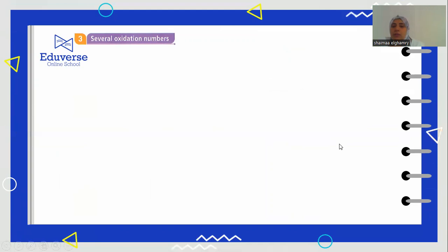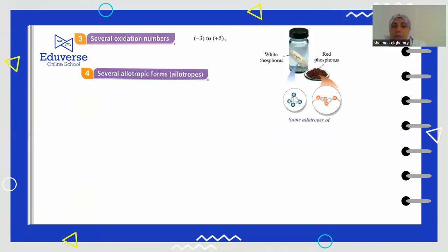It has several oxidation numbers, ranging between -3 to +5, because it has the ability to gain 3 electrons, or share 3 electrons, and to share or lose 5 electrons. So it has several oxidation numbers, and also several allotropic forms.